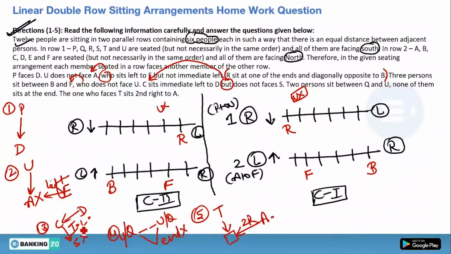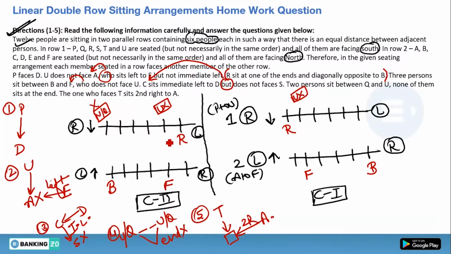Okay, there will be lot more possibilities, but we can start from our fourth hint, because we know that between Q and U there are two persons sitting. There is a gap of few persons between Q and U, so we can fix this hint. See how? U is blocked over here. Okay, we know more information about U and Q, that is they are blocked at the end, so U and Q cannot come at the end.